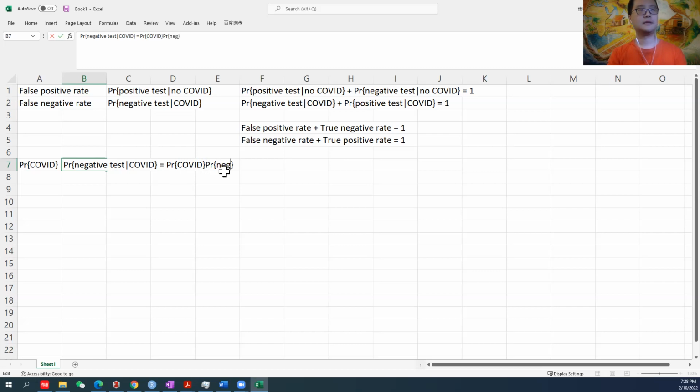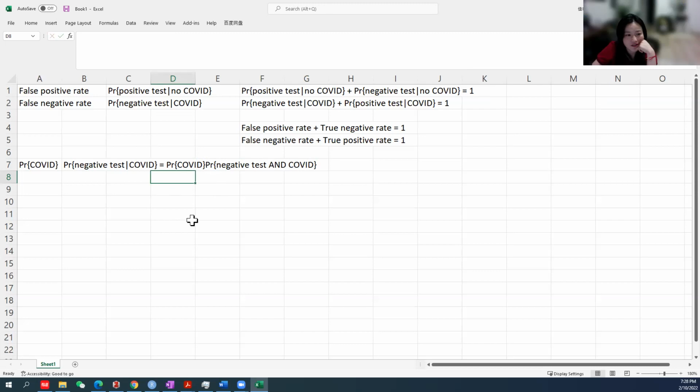So that's the negative test and COVID. Are you with me here? Yes, just the times together.